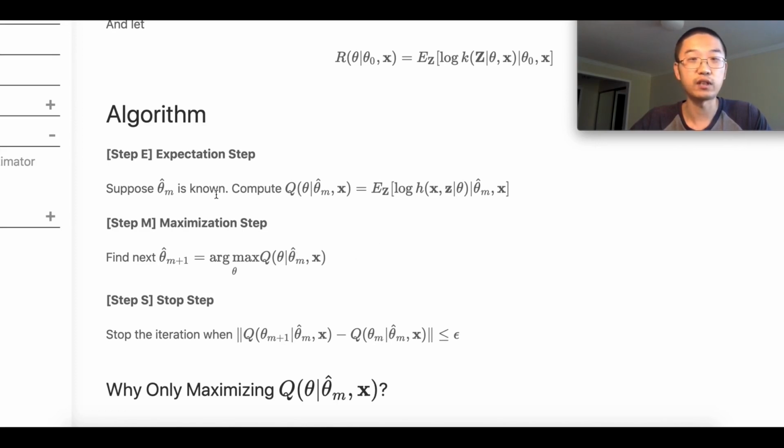One last thing we haven't solved for the EM algorithm is the initial value of theta. The whole algorithm works only if we have an initial value of theta. This can be done with the k-means algorithm, for those who know it.